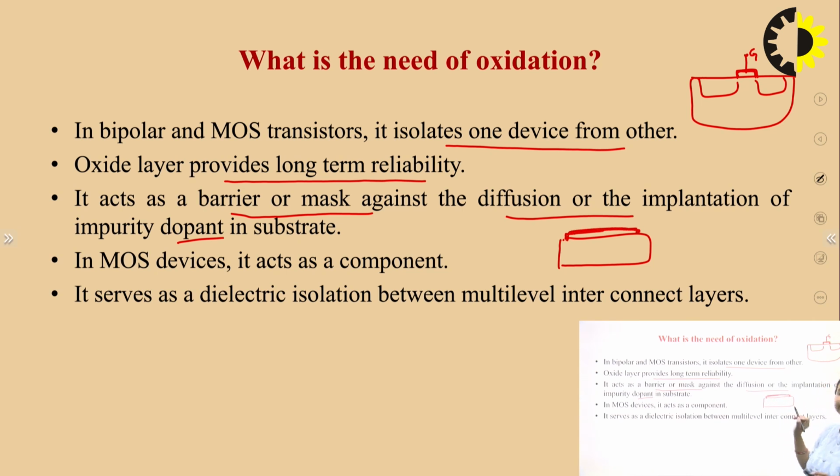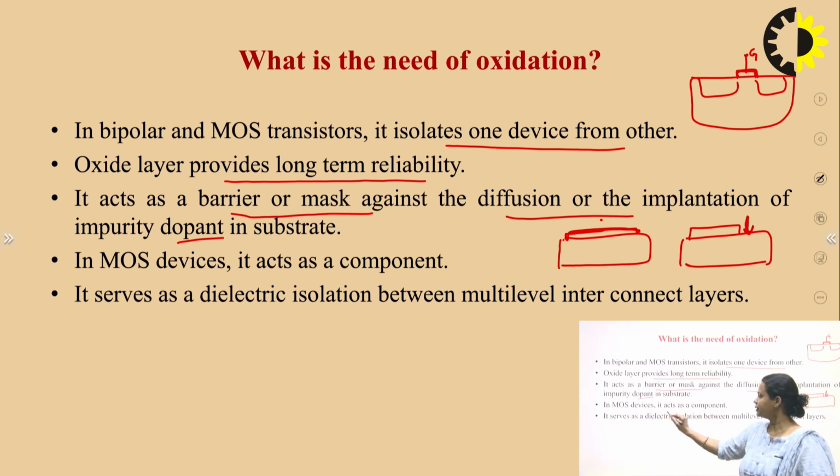It is completely covered now, so if dopants or impurities want to come over this, that is not possible because the SiO2 layer forms a mask over your substrate. If you need to add some impurities, you need to leave some area open. Here impurities will come and the rest of the area will remain isolated. So this is a very good barrier against the diffusion of impurities or dopants.